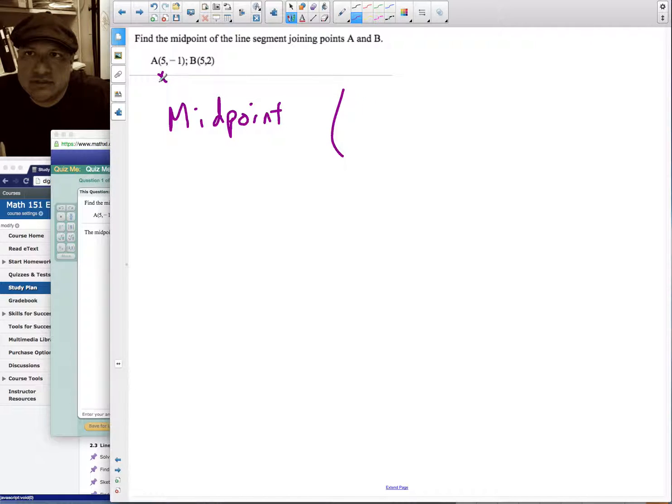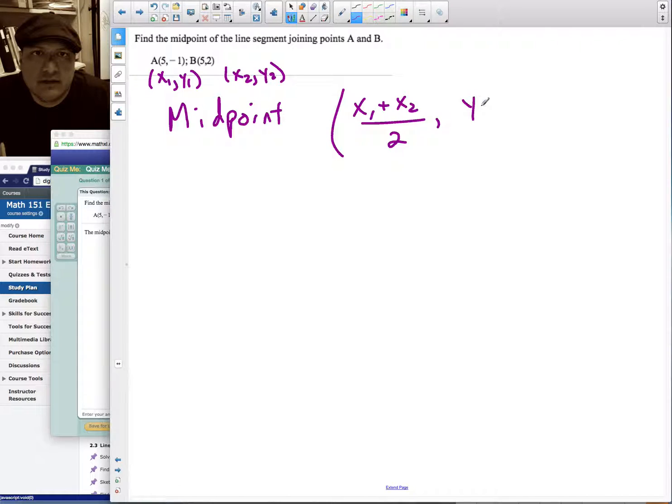This is (x1, y1), and then this one is going to be (x2, y2). So what you do is you just add the x's together, divide by 2, add the y's together, divide by 2.